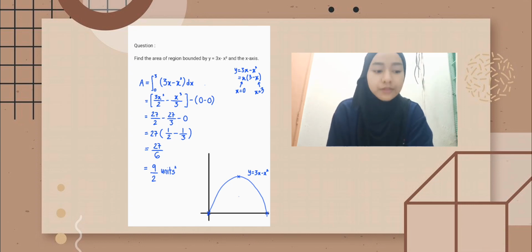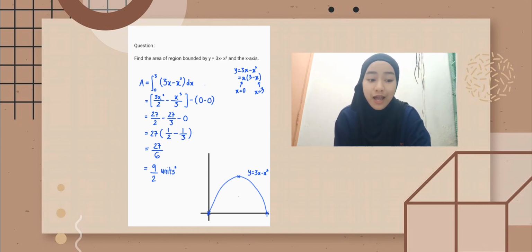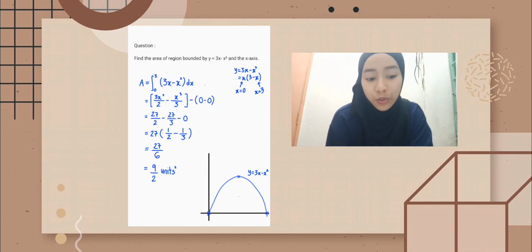Okay, first, I need some boundaries. I need a lower boundary, where I start, and an upper boundary, where I end. Area: I need to define the integral here. So the lower limit is 0 and the upper limit is 3.